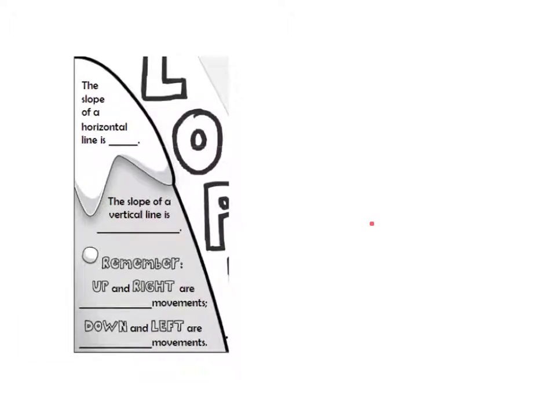Alright, on the bottom left of your worksheet, it says the slope of a horizontal line is 0. The slope of a vertical line is undefined. Or sometimes you'll hear us say no slope.